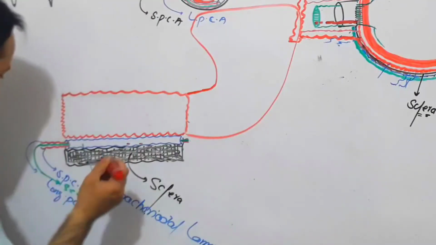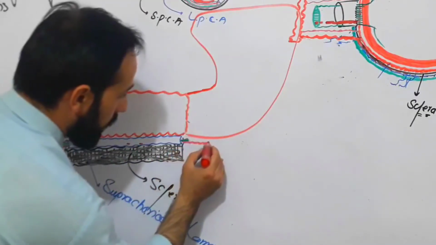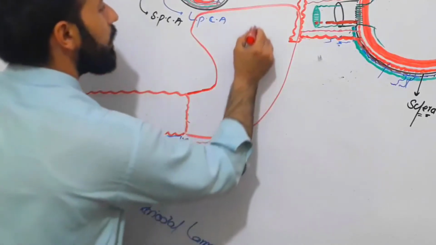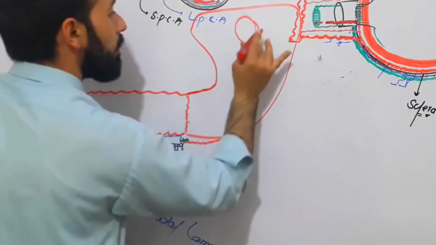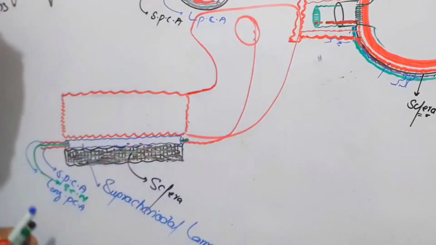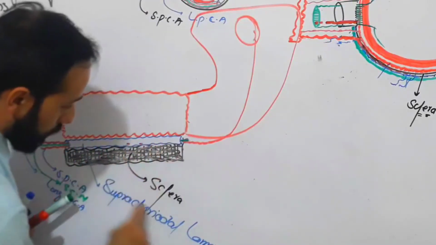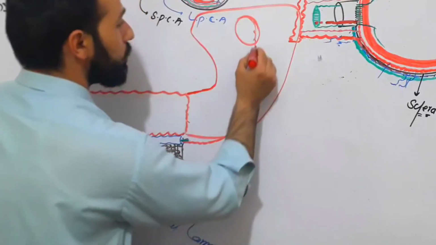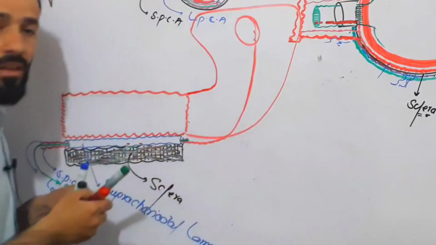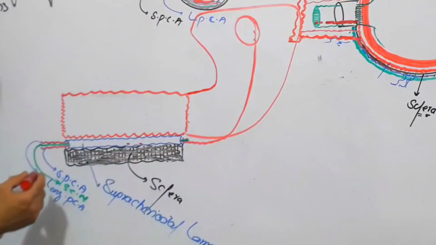Okay, done. Then long ciliary arteries come and enter your ciliary body, right? So the long ciliary artery has come into the suprachoroidal lamina and has gone towards the ciliary body. Then what happens?